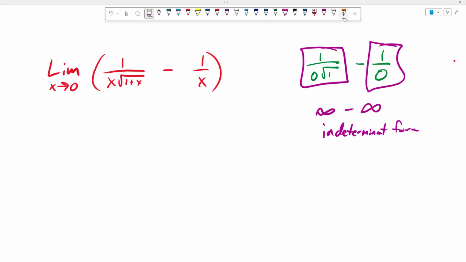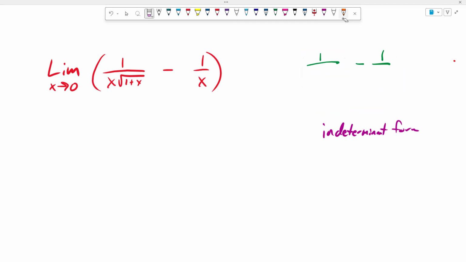All right. So this next trick is we just need to combine them into one fraction. So we get a fraction minus another fraction, and we just combine them into one fraction. We just need to get a common denominator of the two fractions.